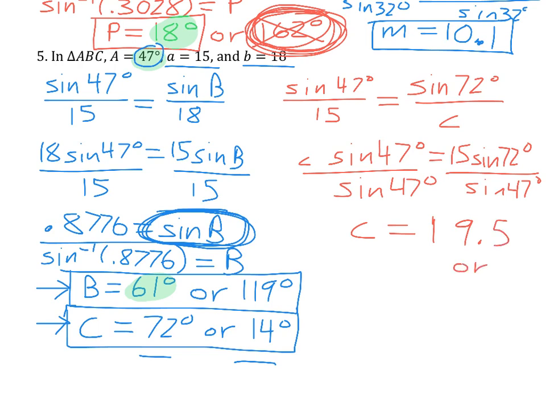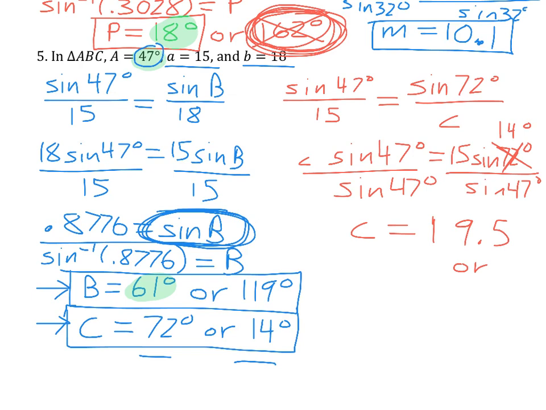And now you could set up another cross multiply, another ratio, but I'm just going to take a shortcut, and I know that I'm going to do the same exact process, except this 72 here is going to be 14 degrees instead. So do the same exact calculation, but change that 72 to a 14.